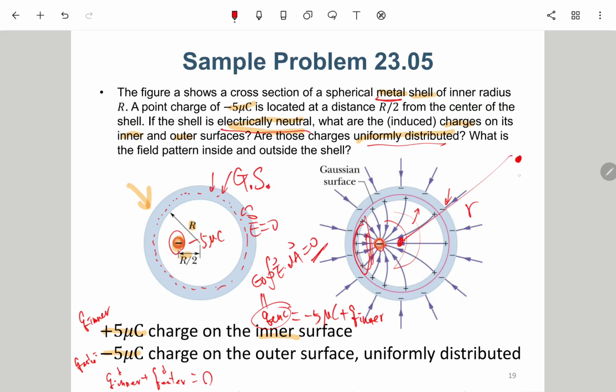This E field will be like E equals k times negative 5 μC over r squared, something like that. Even for this part, it will be the same thing.